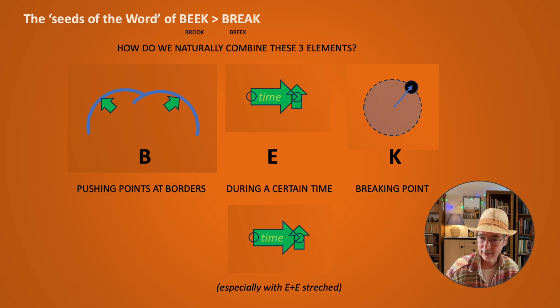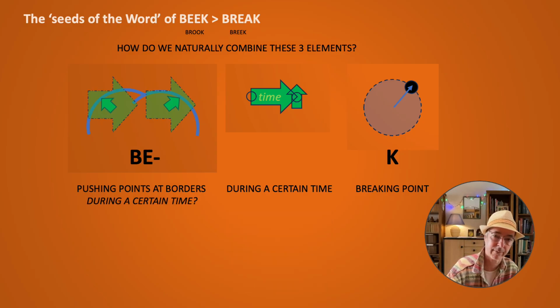With the double E, it will of course be stretched longer, so it's during a certain time it is stretched. If we would simply combine already the B with the E, you have these 2 points, and you can imagine, okay, you have the pressure on 2 points where they go to the borders during a longer time.